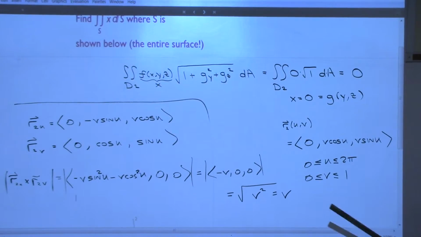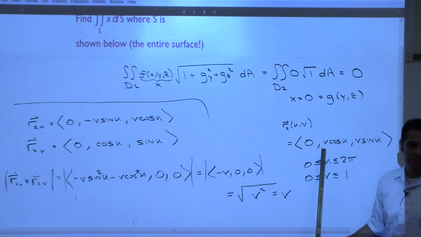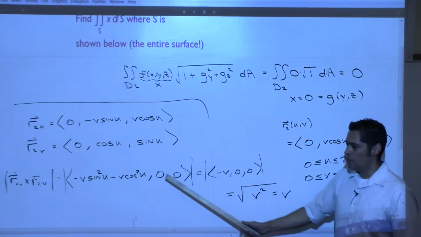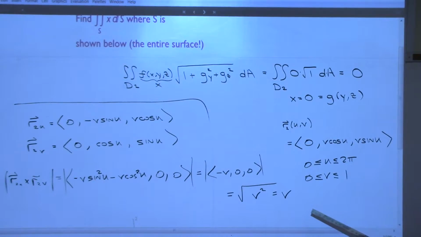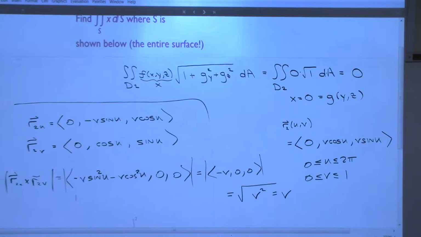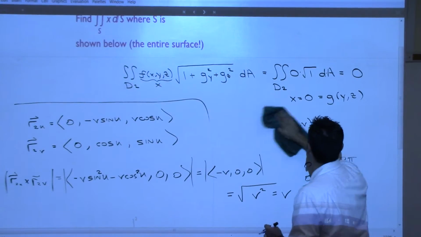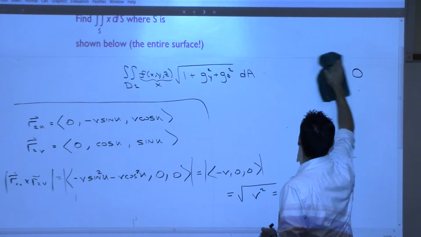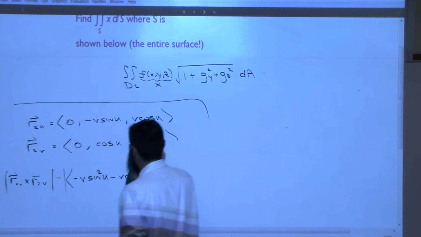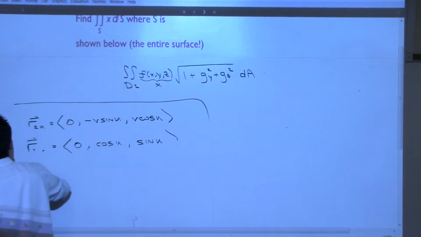Now, I could have avoided all this by noticing that x was 0 and that was the scalar function. But I just want you to see what work it would have required instead of how quick it was with that shortcut. Okay, any questions? All right, let's now do S2. Or that was S2. You want to do S1? Okay, let's do S1.